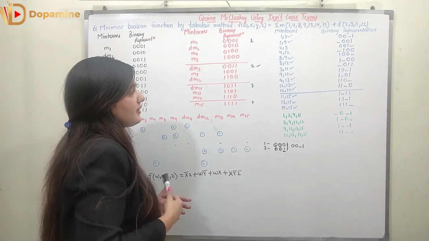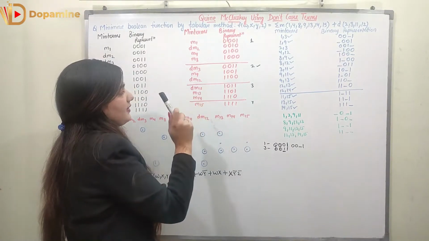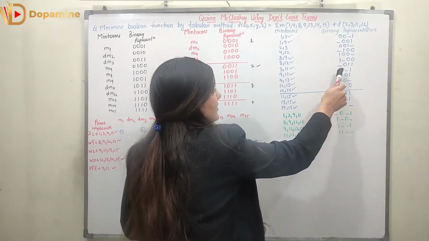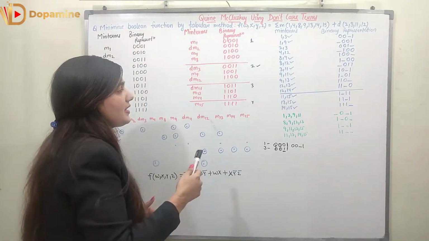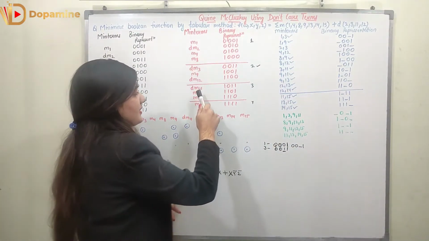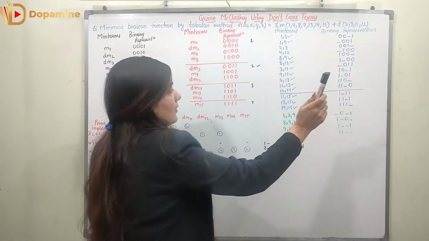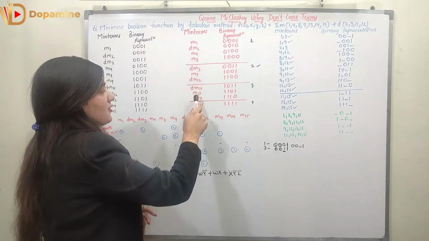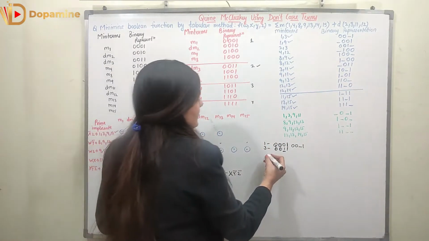Now after that we can club 9 with 11. 9 and 11 clubbing can be represented as 10-1. 9 with 13 clubbing can be represented as 1-01. Right, 9 cannot be clubbed with 14. Why? Let's have a look.